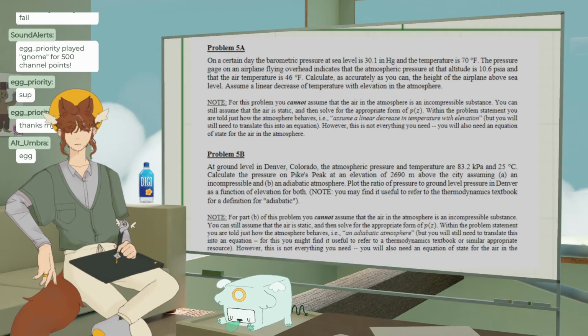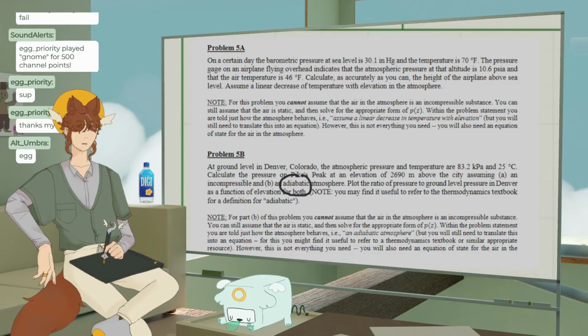But one of these is an adiabatic environment, and maybe that one's more exciting because we're still calculating a pressure here. This one is a height. I think B might be a little harder because I have to also plot something. That's cool. I like that. Let's do the second one.